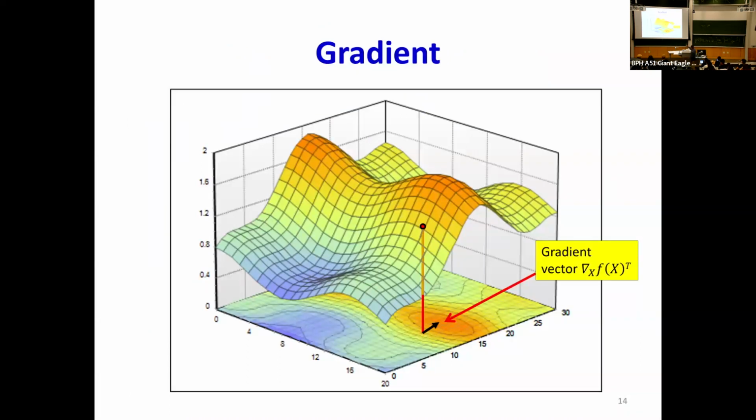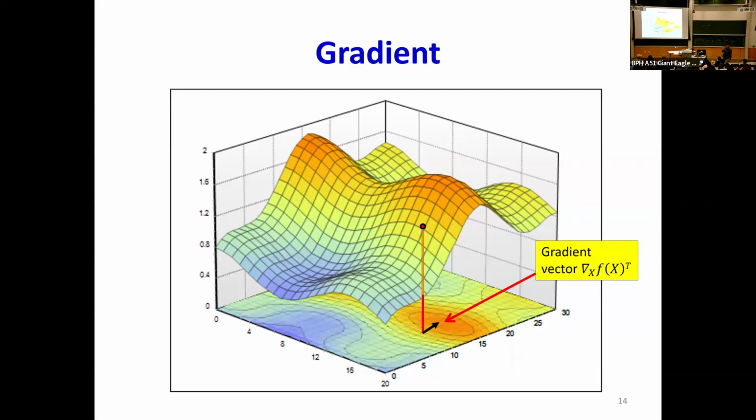If I have a function of this kind, then at any point, the gradient is a direction in the input space on x, and this is the direction in which we must take a step in order for the function to increase fastest.